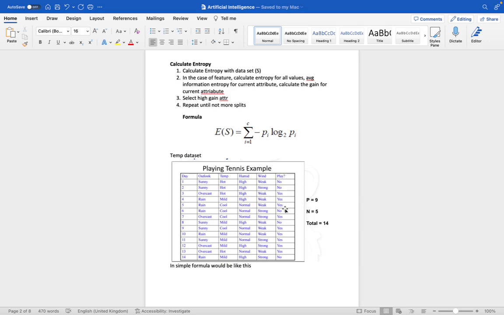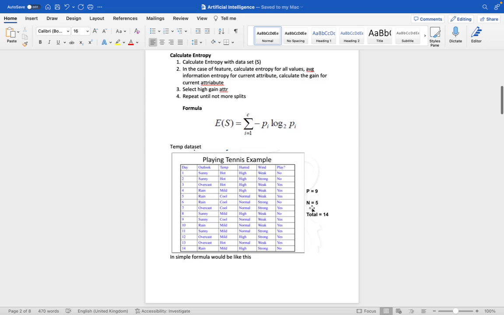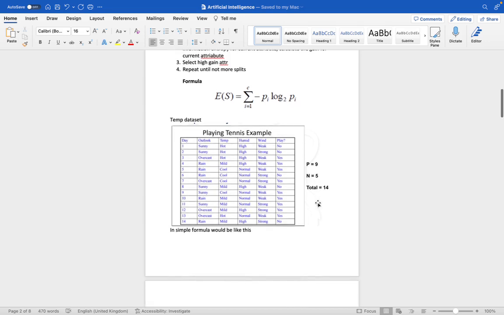By the way, this is a binary classification problem, true or false, but it could be a multi-class problem where we have more than two target values. The total is 14: 9 are positive and 5 are negative.